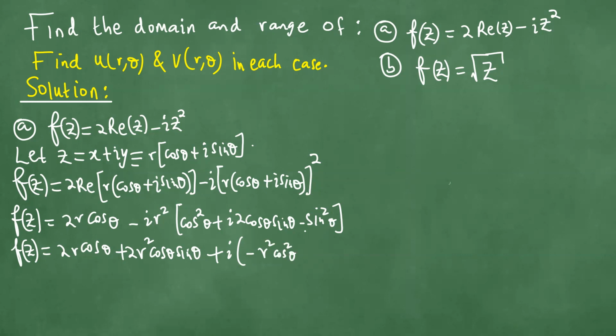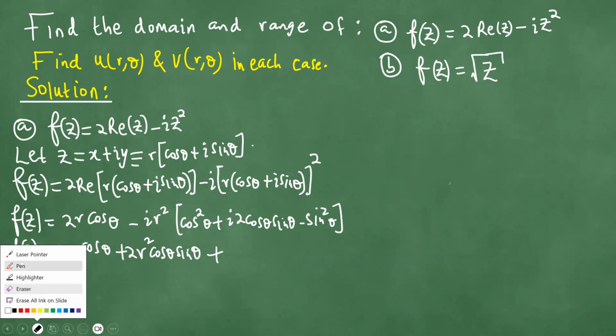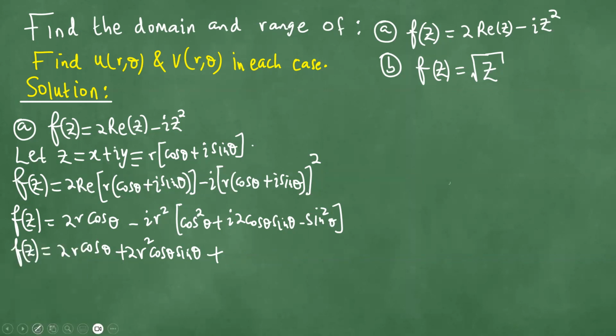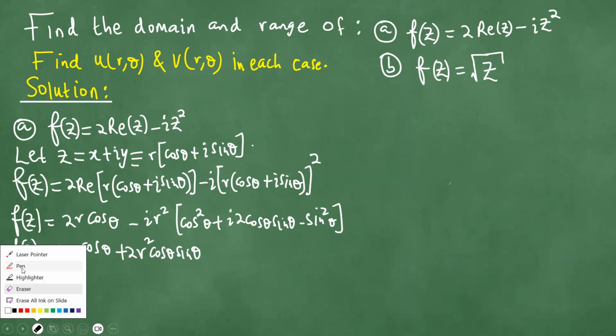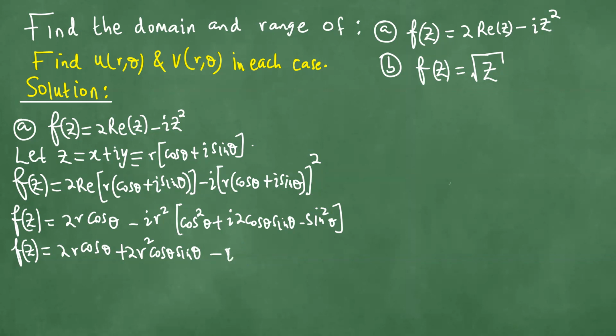Then when you multiply out with the minus, you can write it in this manner: minus i r squared into cosine squared theta minus sine squared theta, like so.